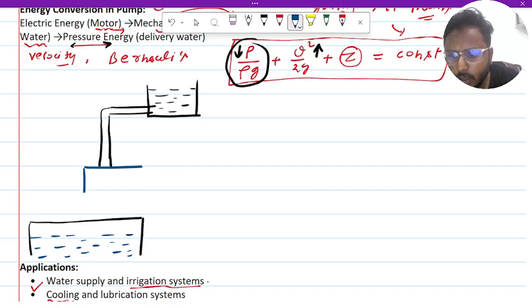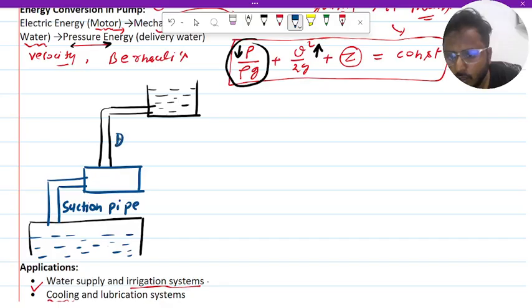I'm not drawing the actual diagram of the pump, this is just an indication of the pump, and there is a pipe from the ground level to the pump. This is known as the suction pipe. This is known as the delivery pipe.